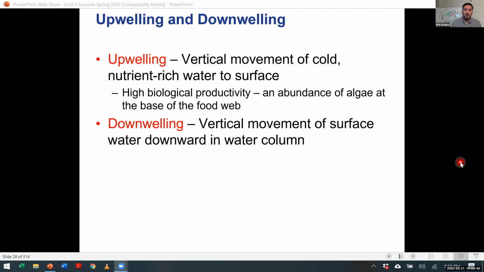And anybody who's gone fishing can appreciate that, because when there's upwelling and the nutrients are coming up to the surface, the tiny critters that feed off of those nutrients, they're going to show up. And then the small fish that feed off of those tiny critters, they're going to show up. And then the big fish that feed off the small fish, they're going to show up. And the whole food chain, and then the fish that you're out there with your rod and reel trying to catch, they may show up.